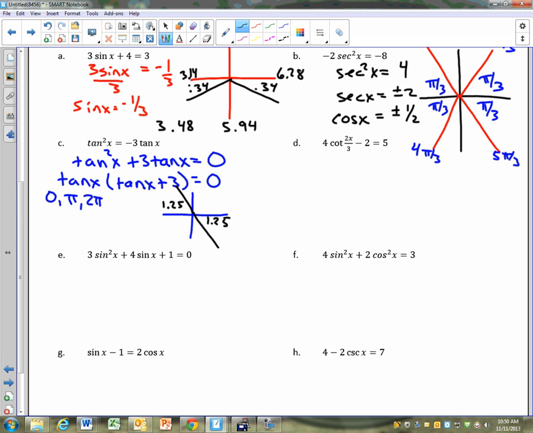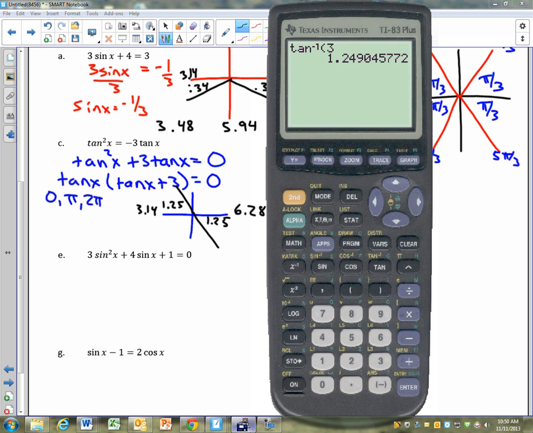So how do I convert those to the actual answer? Subtract it off of 3.14. 3.14 minus 1.25 and 6.28 minus 1.25, and I get 5.03 and 1.89.